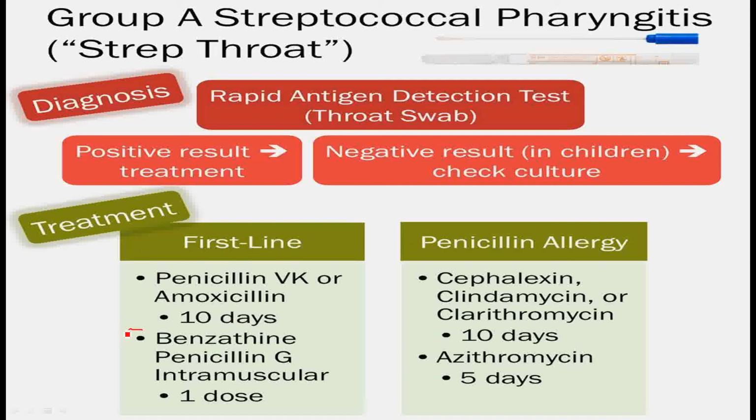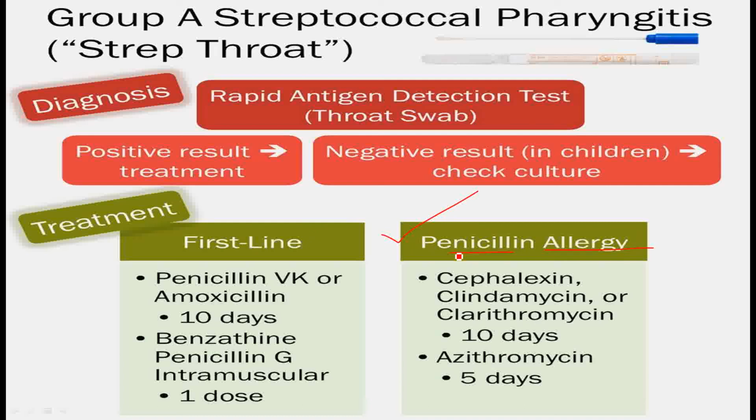Second point in first line treatment is benzathine penicillin G intramuscular, and this is taken in 1 dose. Sometimes it results in penicillin allergy.